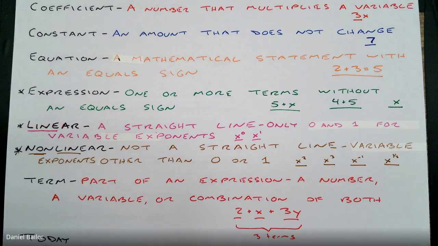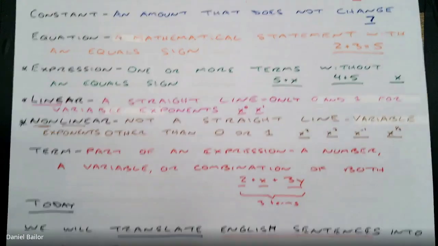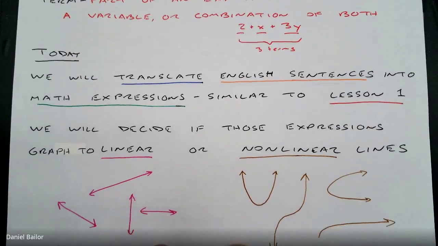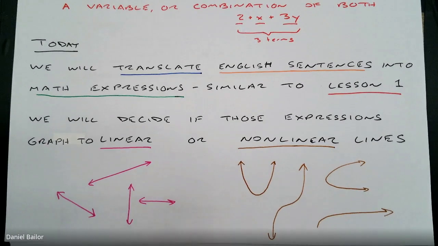So today, we're going to be doing what we did in lesson 1. We will be translating English sentences into math expressions. If you remember, lesson 1 was making math equations. Today, we're just going to worry about making math expressions, so no equal signs today.